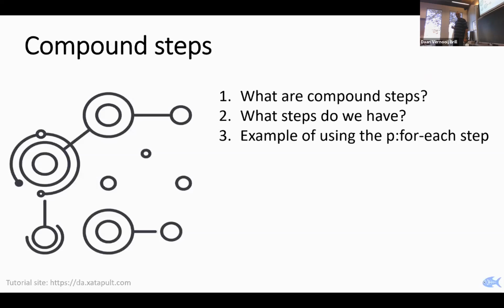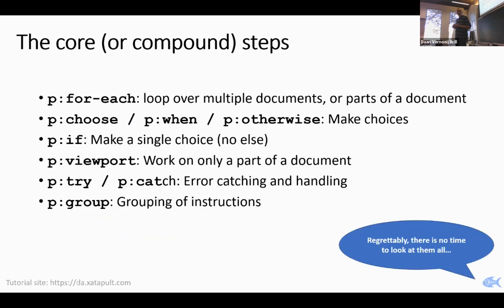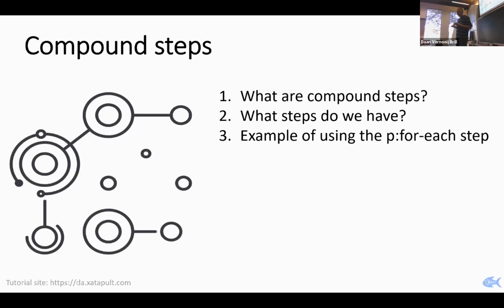Right. Let's talk about compound steps. This is where the language actually gets interesting, of course. The first question is, of course, what is a compound step? A compound step is something you can do in your pipeline in the flow.